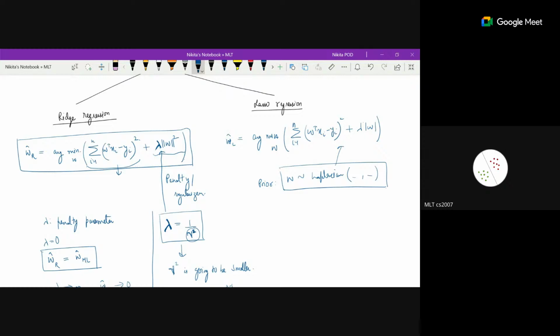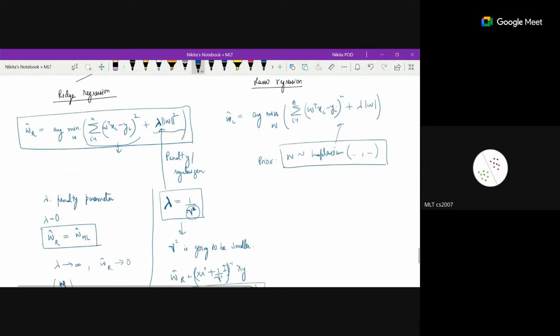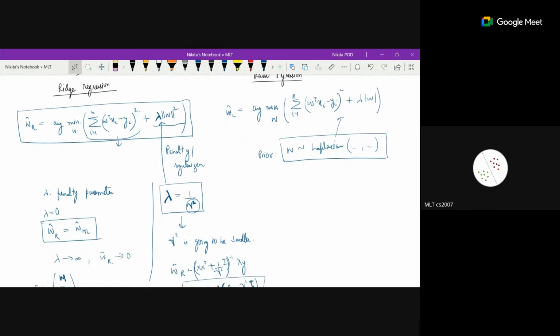But in the ridge regression case, typically lambda is large because gamma is small? No, it's not like that. You can't say that lambda is small or large. It depends on what lambda has been chosen.